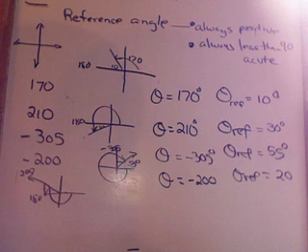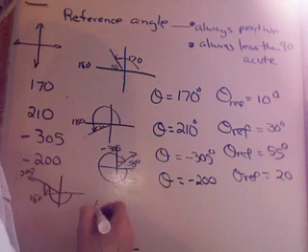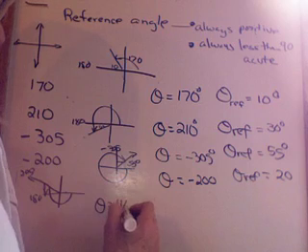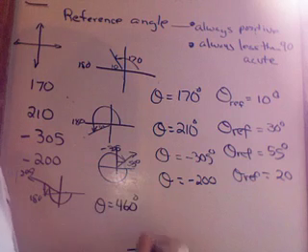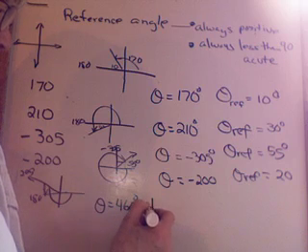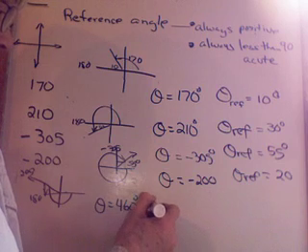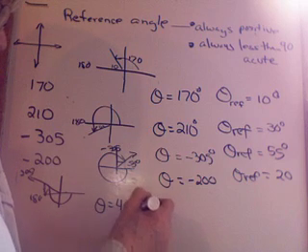I didn't do one that circled the axis more than once. Suppose I said theta equals 460 degrees. What's the theta reference for that? So when you think about 460, you go all the way around once. 360, how much more do I have to go? 100. So I'm right there, correct?